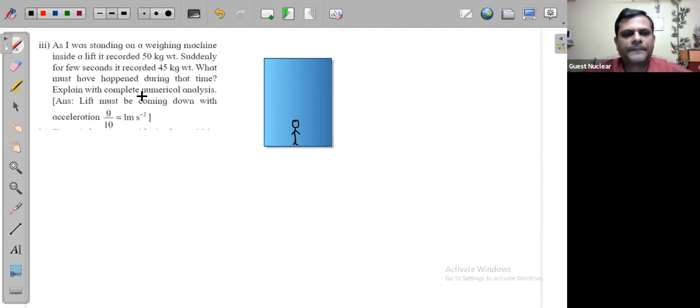So see here, first of all, the weighing machine recorded 50 kilogram weight. That means this must be the normal weight of the person.